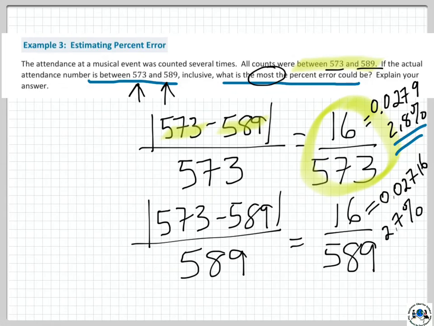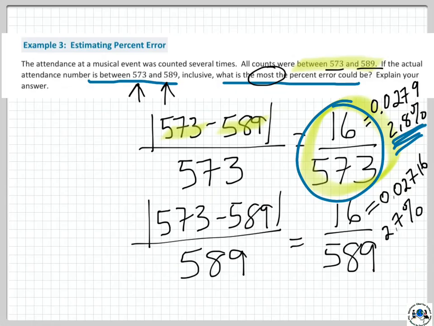And now you also would have noticed that the other one wasn't very much different. 0.02716, on and on, which is going to yield us a 2.7% error. Again, not very far off, because these numbers are relatively close, but the first scenario would have given us the greatest percent error.